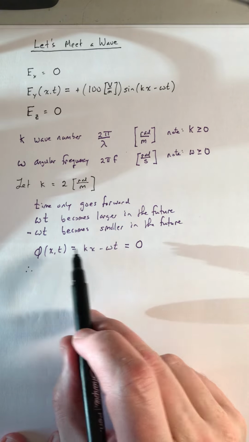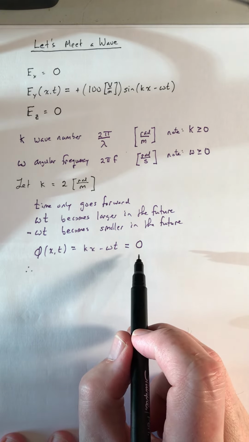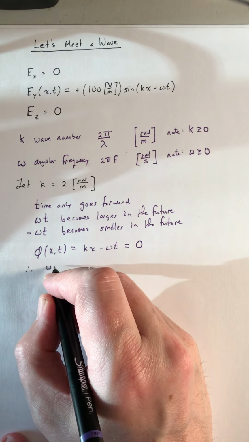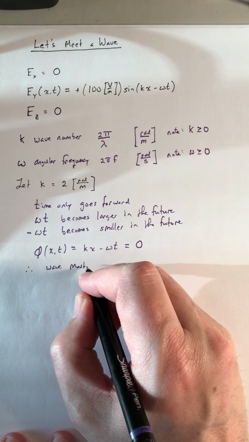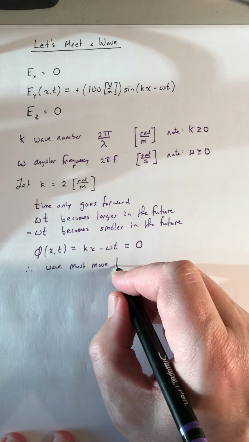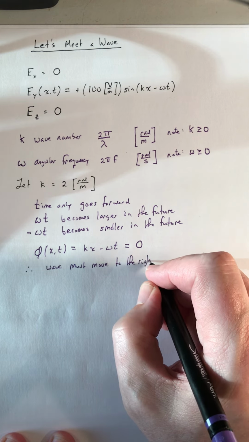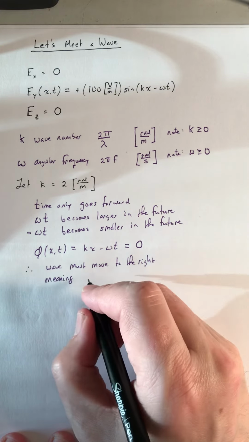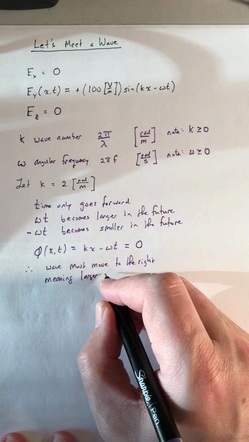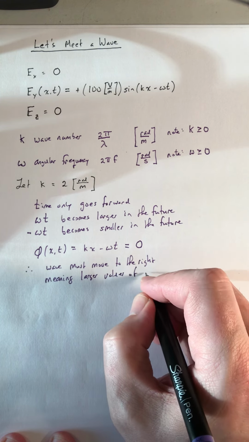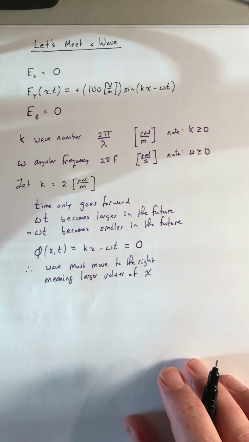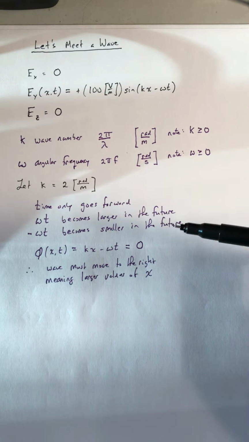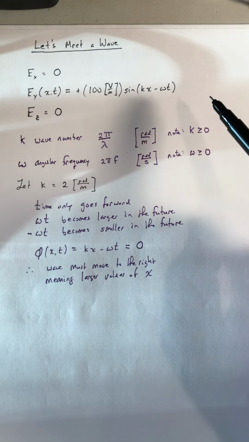So this point where the phase is equal to 0 is going to have to move to the right, and to the right meaning larger values of the coordinate x. All right, so far we have a k. We know that this wave is moving to the right.